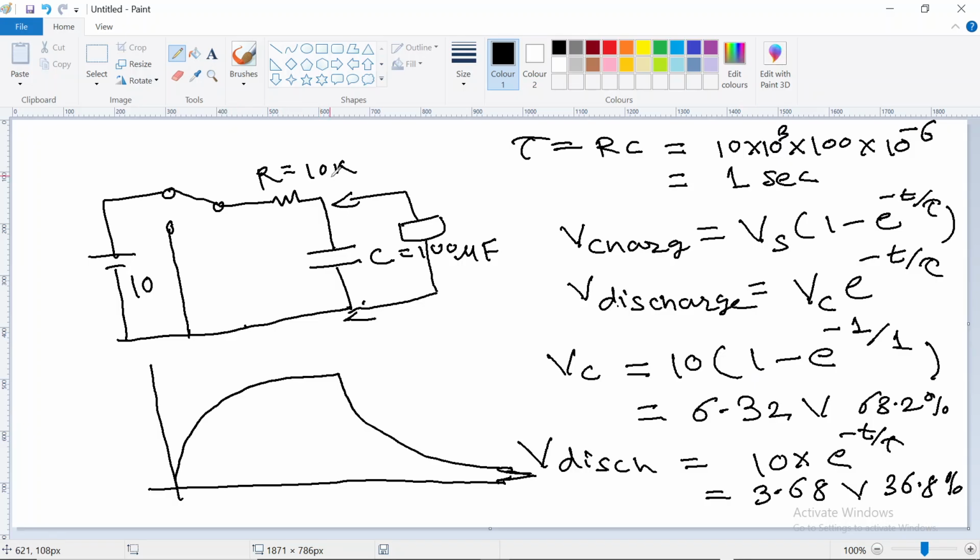So we are parameterizing R as 10K and C as 100 microfarad, and we are getting a time constant of 1 second. To charge it up to 100%, that is 10 volt, we will require 5 seconds, and after 1 second the voltage will be 6.32 volt.